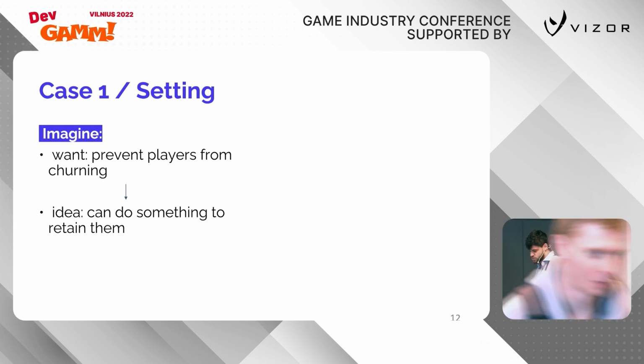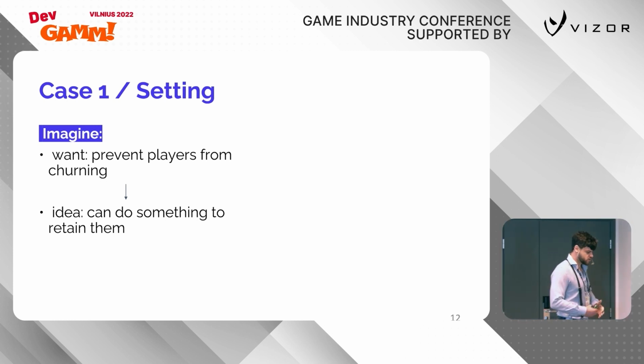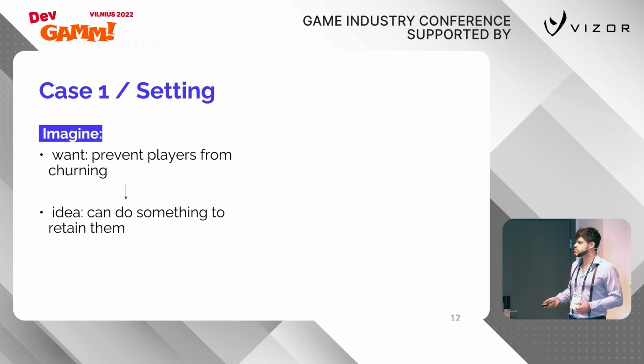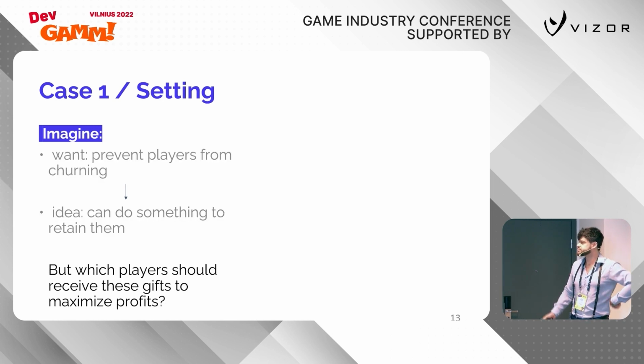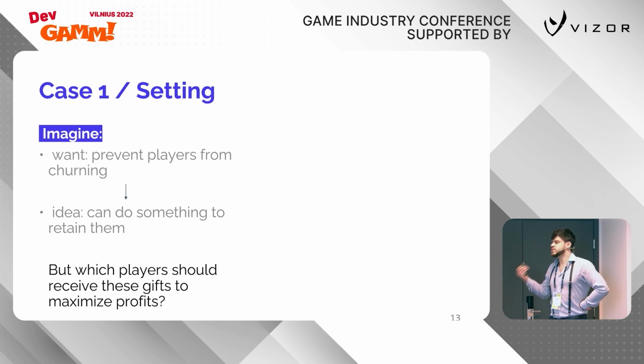One of the things we can do to keep them in the game is to give them gifts, right? Free items, that's something that is commonly done in mobile games.